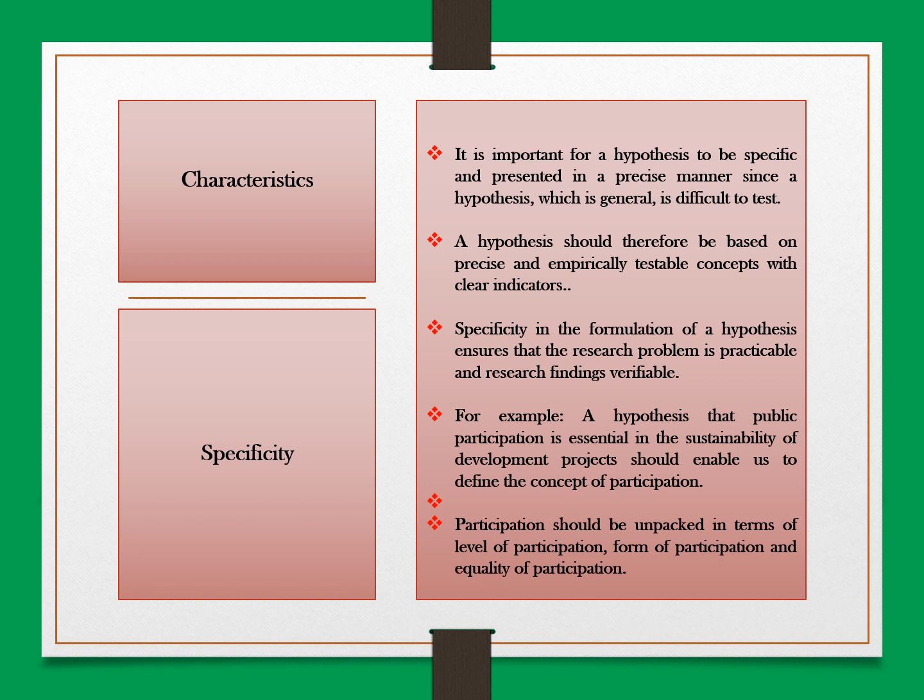The concept of participation should be unpacked in terms of level of participation, form of participation, and equality of participation. Otherwise, if we don't specify the parameters within which participation will be understood, then it becomes quite difficult to test the concept participation when we now want to test the hypothesis.